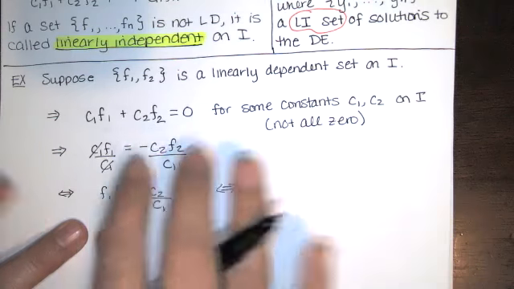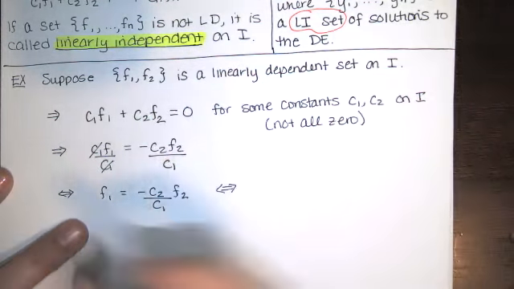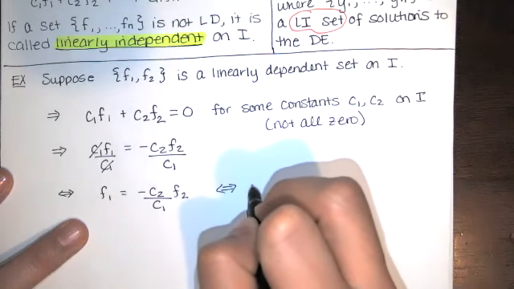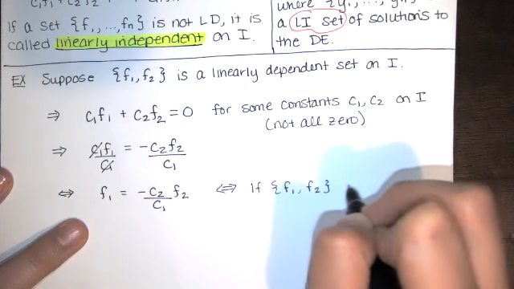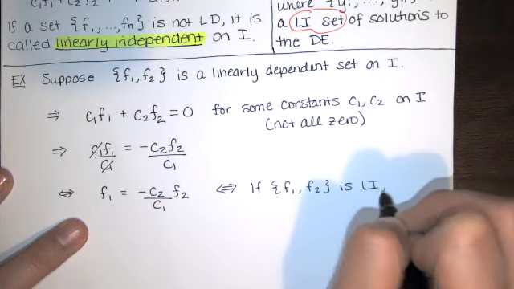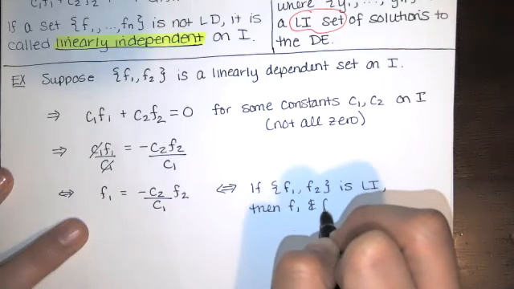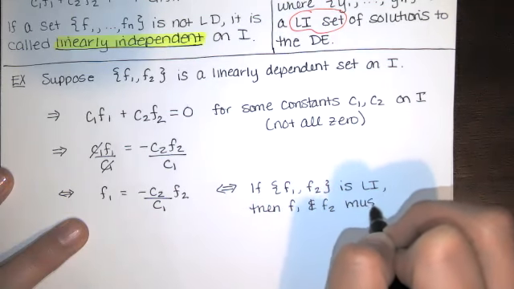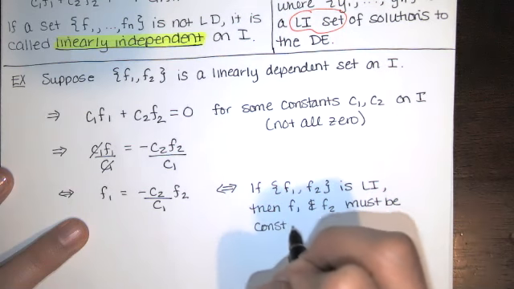So that means that if we have a linearly dependent set of two functions, then F sub 1 and F sub 2 must be constant multiples of each other.